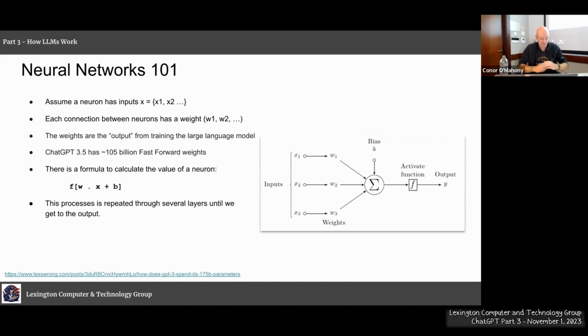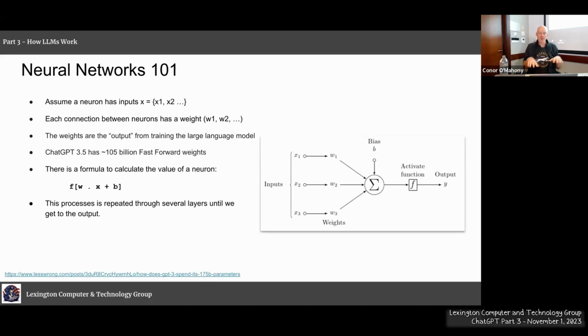And it's quite simple. If we assume that any one of these neurons has a set of inputs, X1, X2, X3, and there are weights for the connections to those previous inputs, W1, W2, W3, then there's a formula for calculating the value of that next neuron, and it's a function of the inputs, the weights, and a bias.